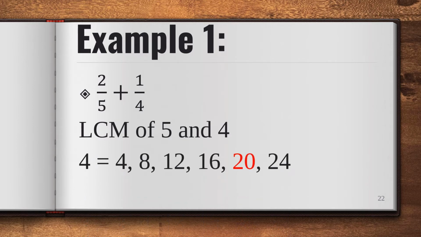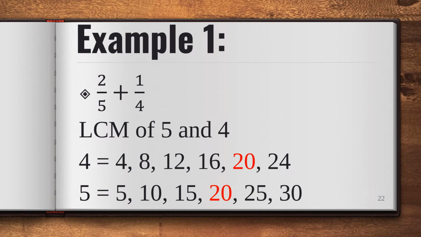For 4, we will just write the multiples of it. The multiples of 4 are 4, 8, 12, 16, 20, 24. You may continue listing them. And for number 5, the multiples are 5, 10, 15, 20, 25, and 30.